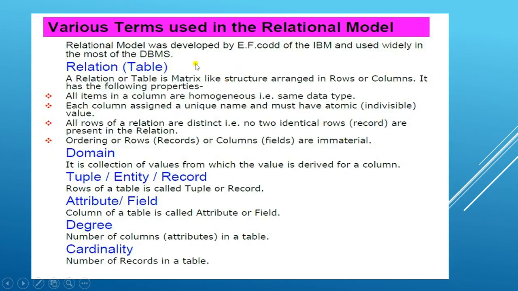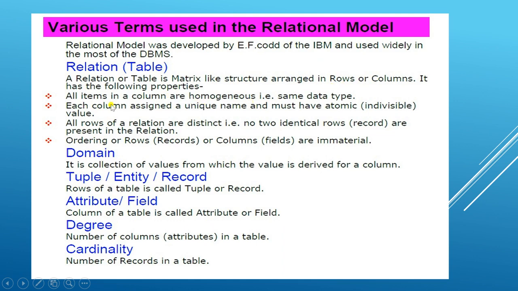Now some terms that are used in the relational model. The relational model was developed by E. F. Codd of IBM and is used widely in most DBMS. A relation means a table. This table is a matrix-like structure arranged in rows and columns.